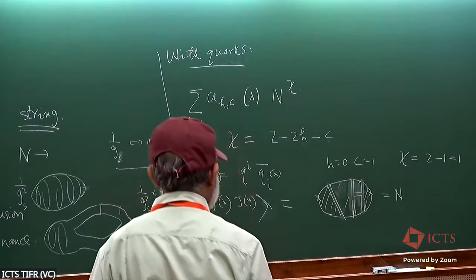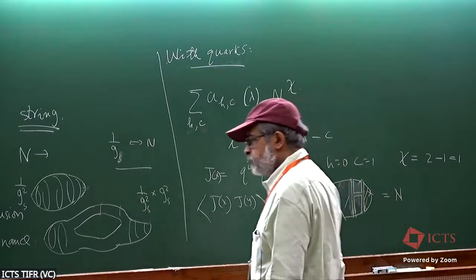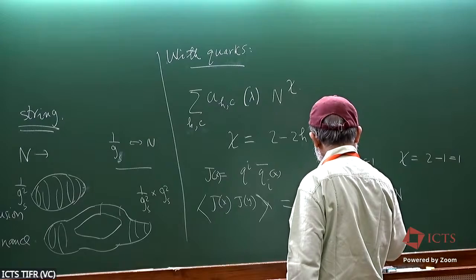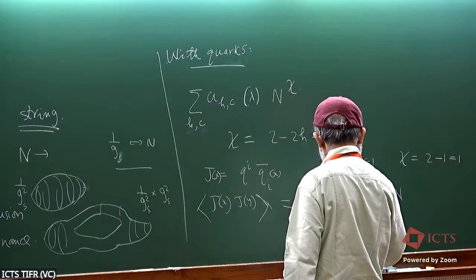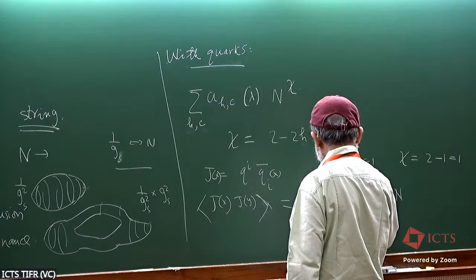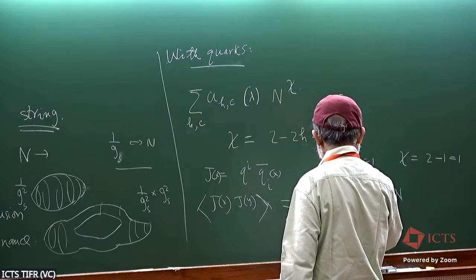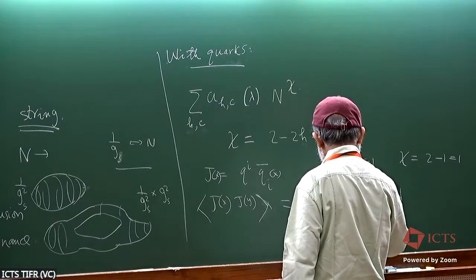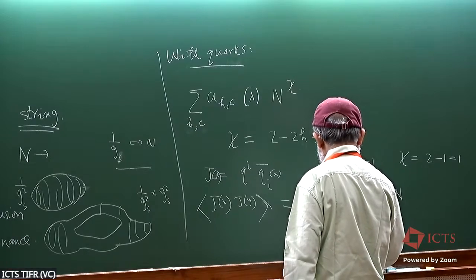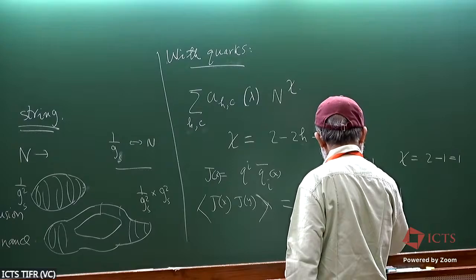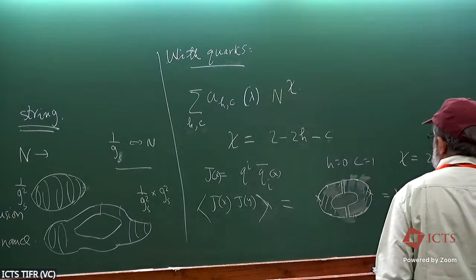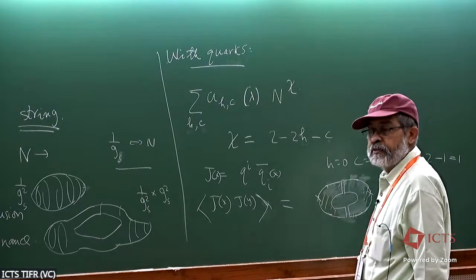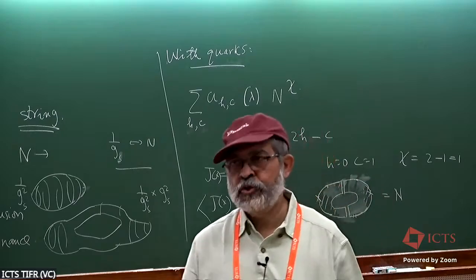On the other hand, if you do this one, let us say you have something like this, how many index loops have you got here? 2, right?